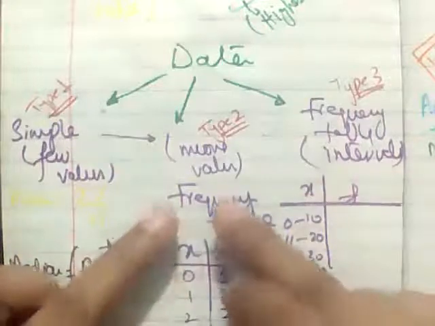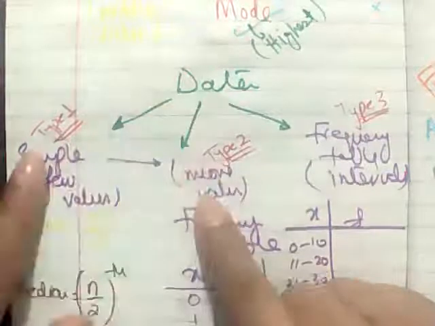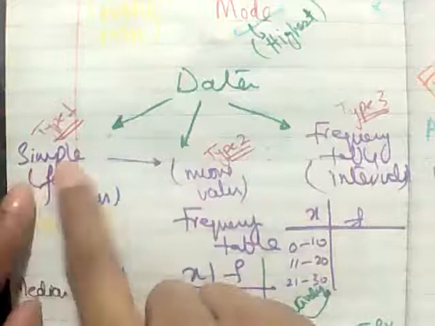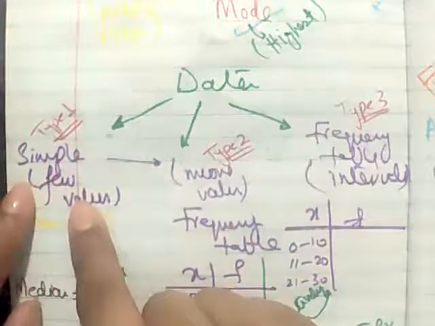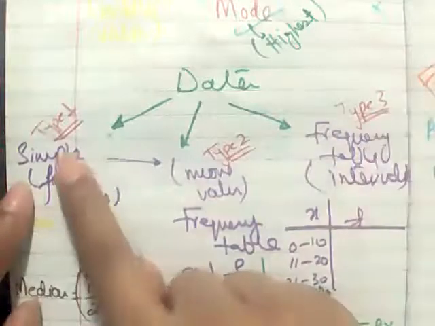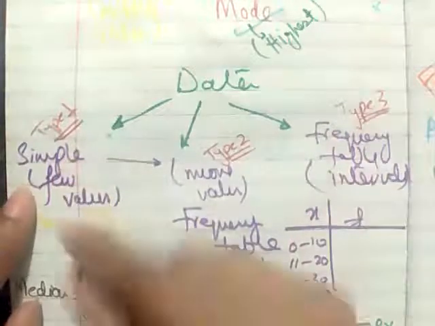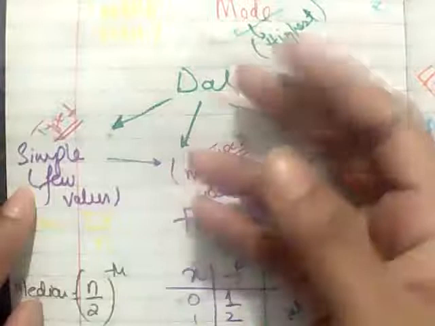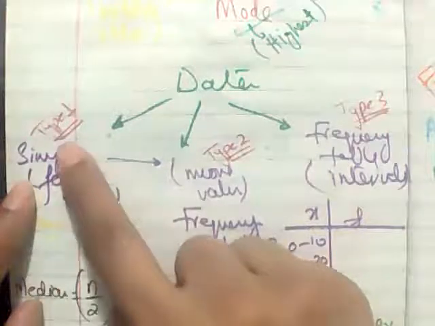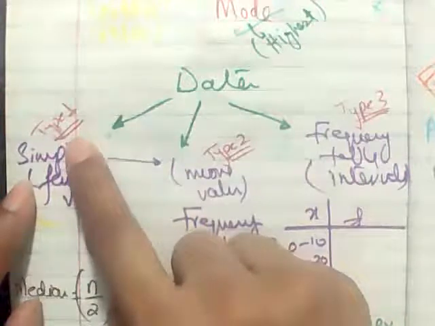Here, I believe that we can again categorize in two ways. One is a simple data having few values, as I have just given you example over here, right? The simple data with few values, 5 values, 10 values, 15 values, that is considered as type 1, right?